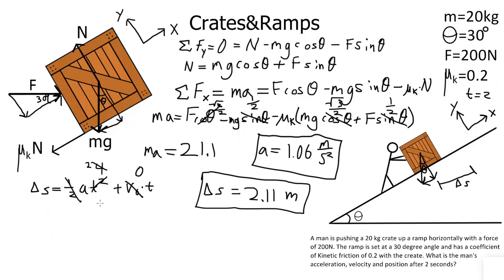Now we need to get our velocity at 2 seconds. We're just going to use the derivative of this equation, which is v of t equals a times t plus v naught, but v naught is 0. So in order to calculate v of t, it's just going to be 2 times our acceleration, which is exactly what we did for the position.